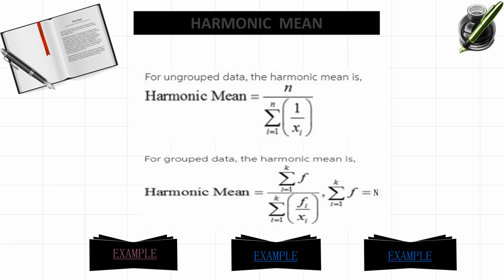In case of ungrouped data, the number of observations is divided by the sum of the reciprocals of the given data. And for grouped data, we find the total of frequencies and divide it by the sum of the ratio of frequencies to the observations given in the data. So let me give you examples for this.